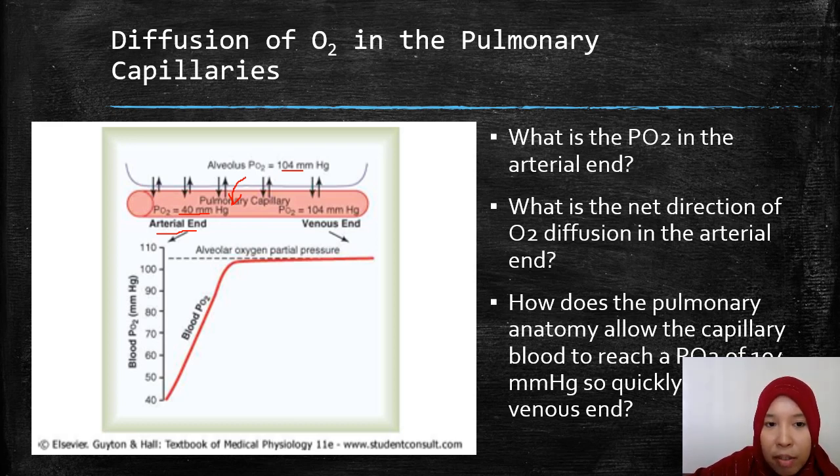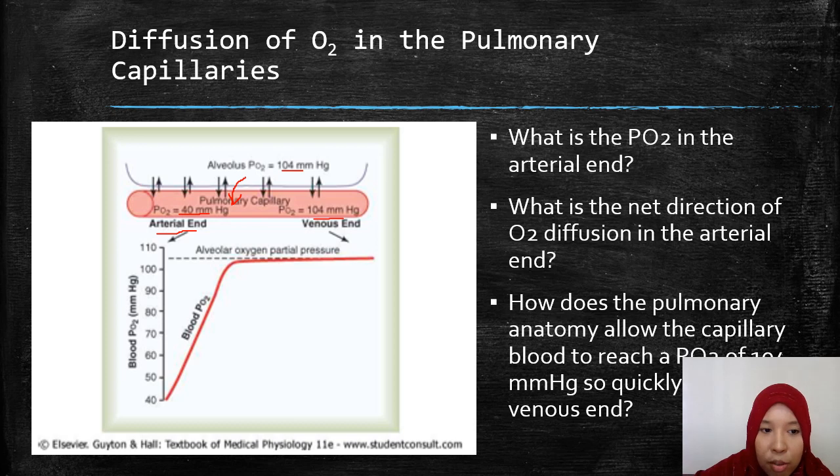So finally, at the end of the day, you have the same concentration of oxygen in both lung and blood. Look at the end of the capillary of the blood: you have a partial pressure of oxygen of 104, which is similar to the partial pressure of oxygen in the lung, labeled here alveolus. So the movement of oxygen is continuous until the concentration of both areas becomes the same.